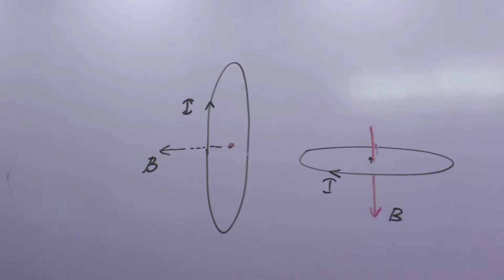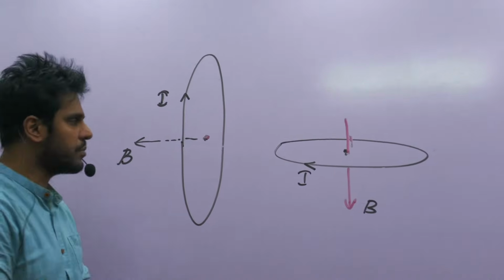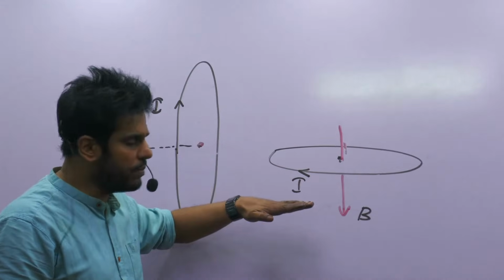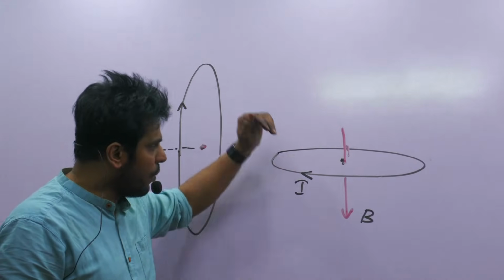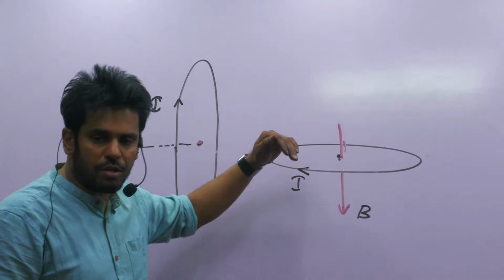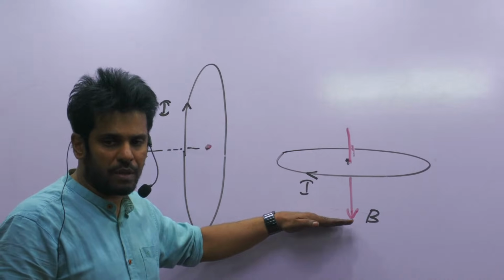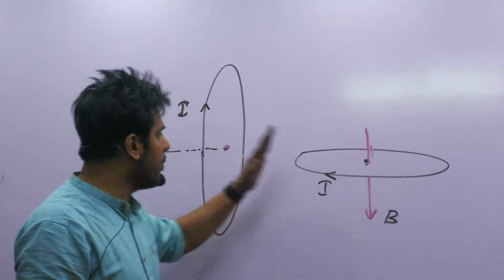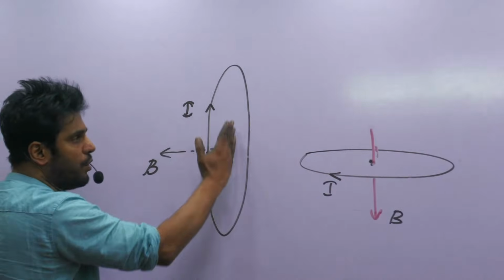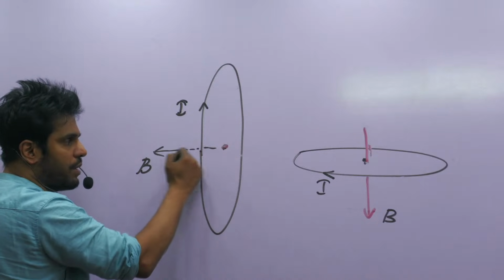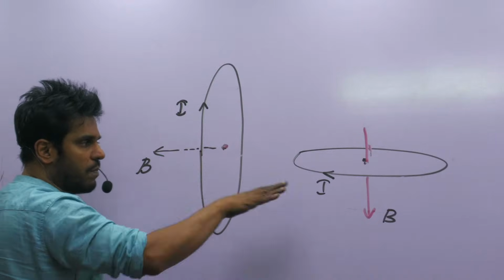So this is the much more important thing. When there is a connected loop, the direction of magnetic field is always perpendicular to the plane of the loop. Here, plane of loop vertical, direction of magnetic field horizontal.